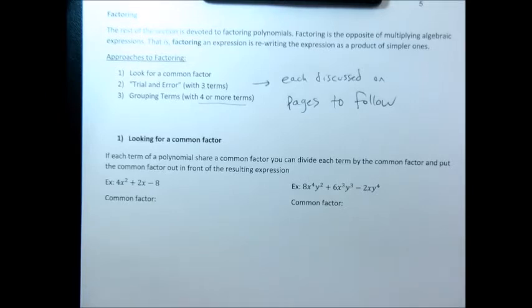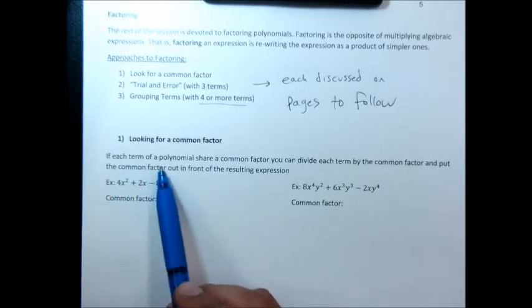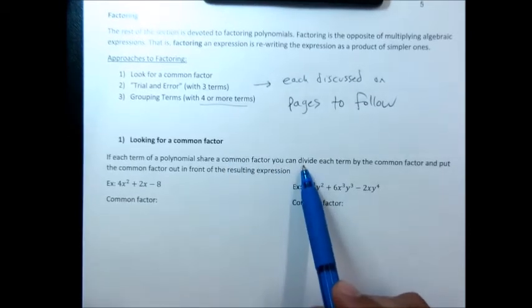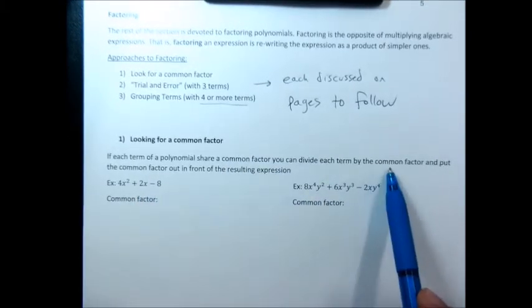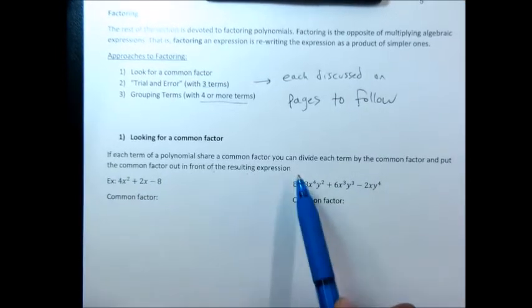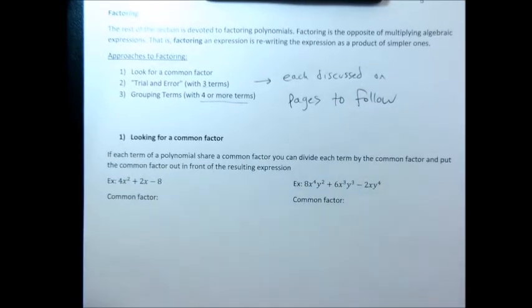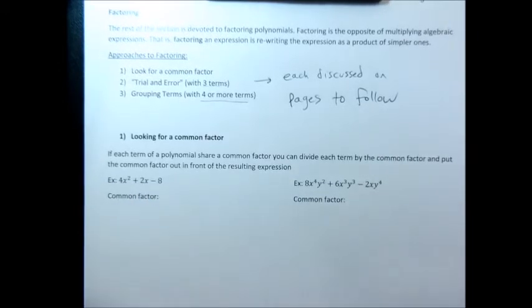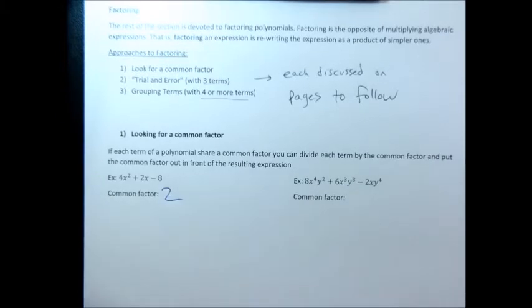So looking for a common factor, if each term shares a common factor, you can basically divide each term in the expression by that common factor and put it out in front of the resulting expression. Sometimes people call it pulling something out, and I usually use that phrasing too. You can pull out something from this first expression, for example. So what does each one of those terms have in common in that first expression? 2, right? So the common factor in that first one is 2.